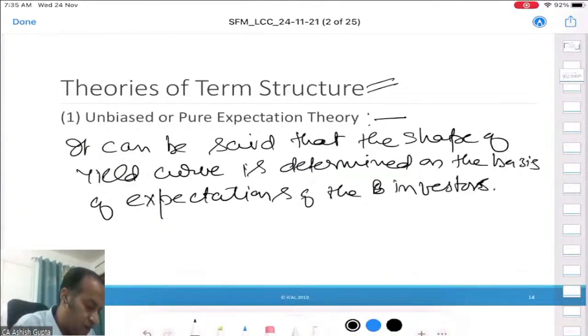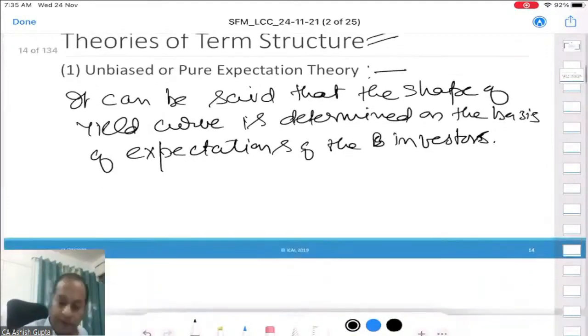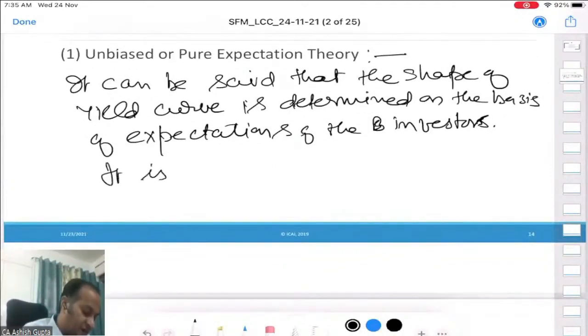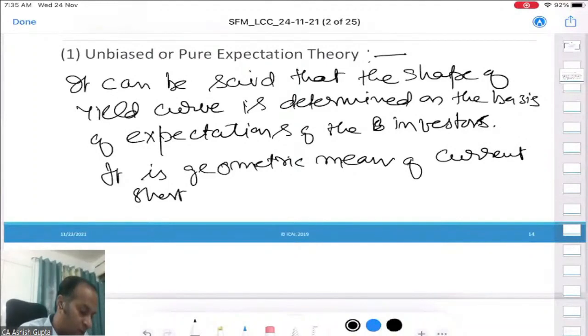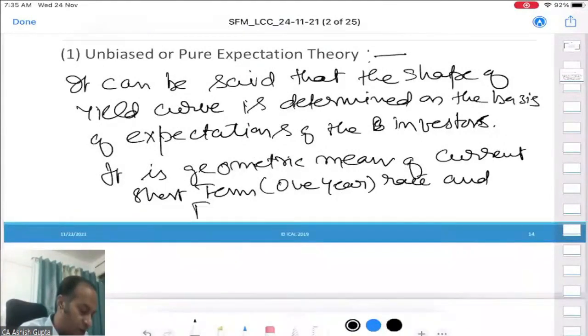Note down this line. Another version is that it is the geometric mean of the current short-term, that is the 1 year rate, and the forward rates.